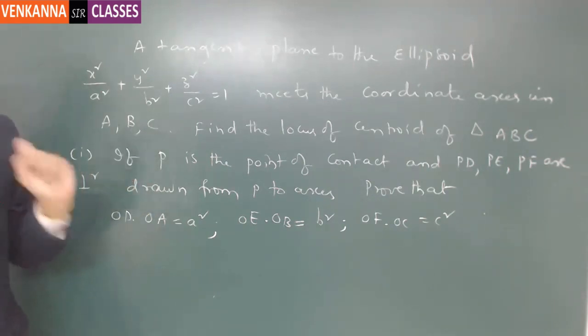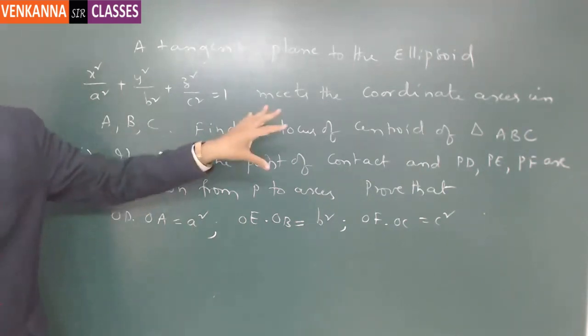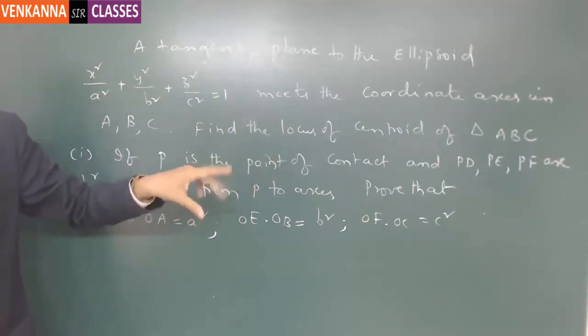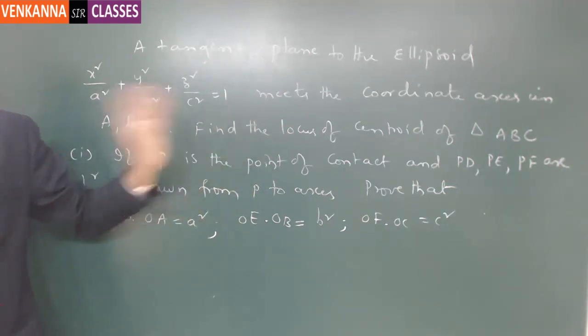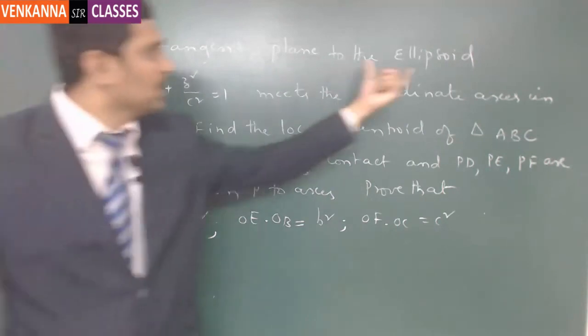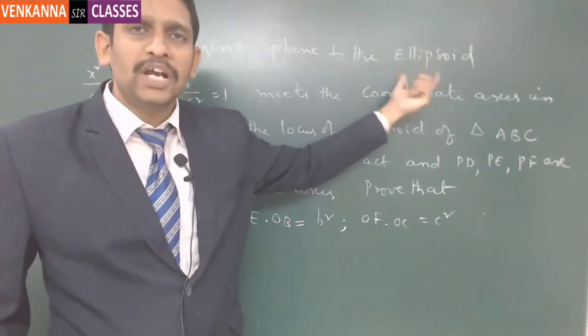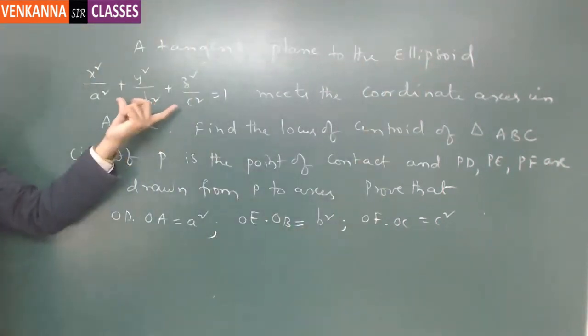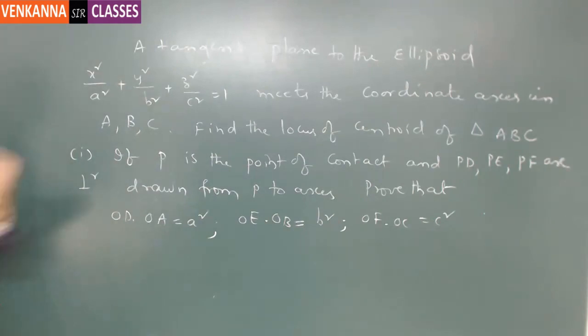Now, the problem has two parts here. Let us do the first part of the problem. We have an ellipsoid.